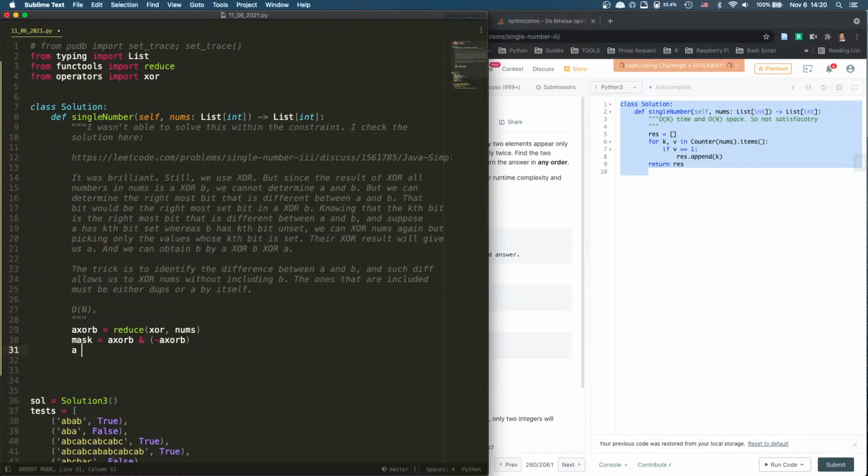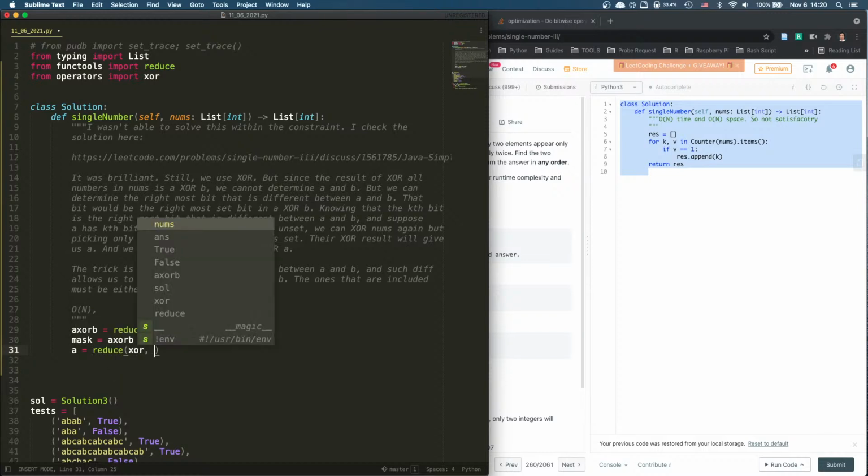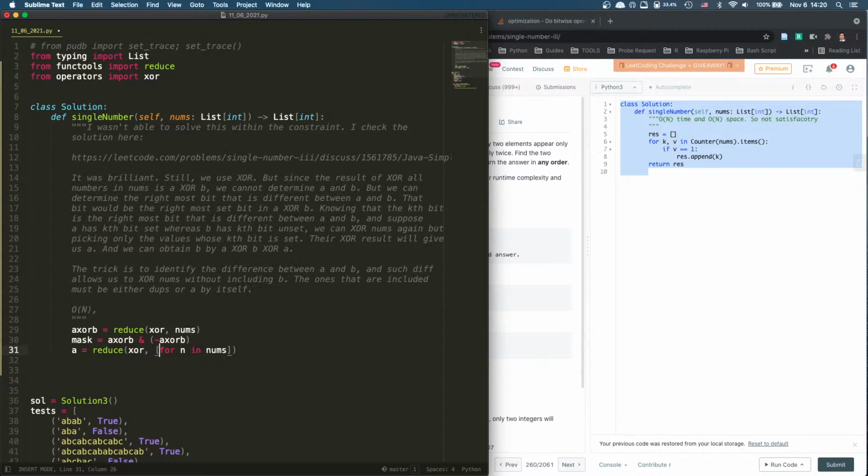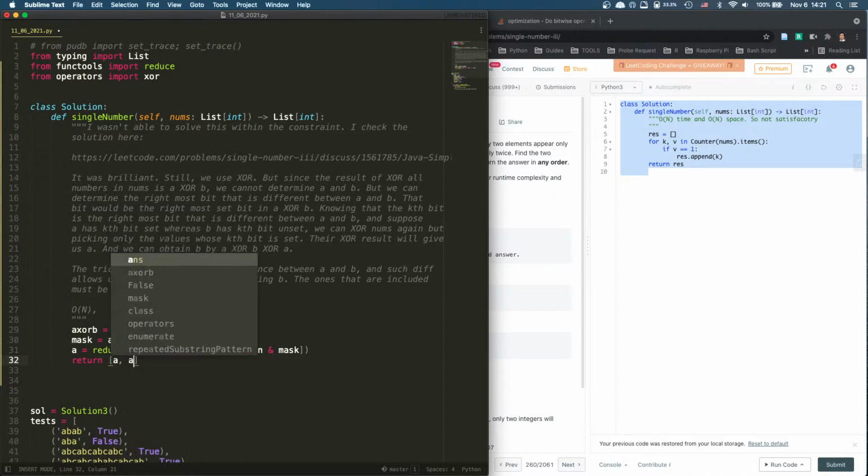A will equal reduce OR, and for n in nums, it should be n and mask. Well, it can be like this: n if n and mask. All right, so that's A, and then we return A and A exclusive OR B exclusive OR A.